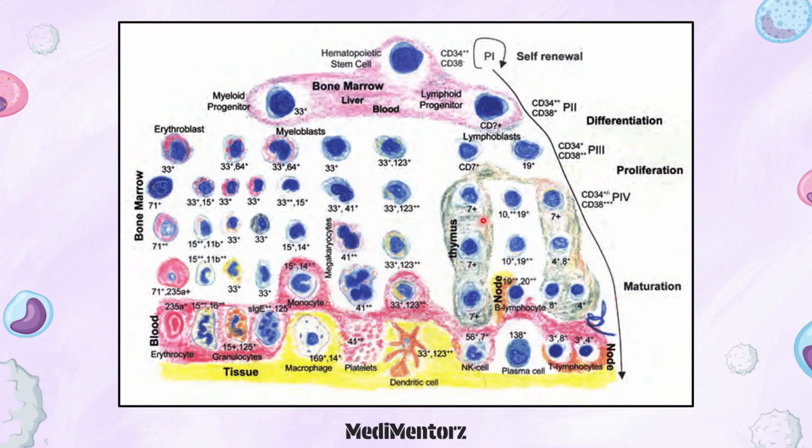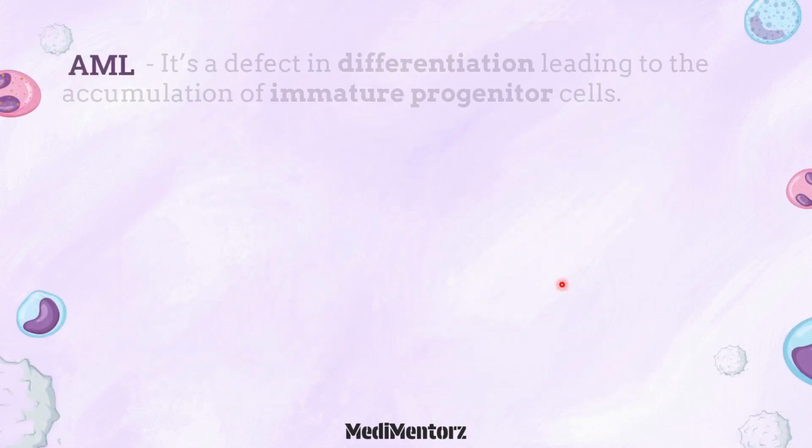So in this picture, you can appreciate that differentiation refers to the formation of erythroblast, myeloblast and lymphoblast from the hematopoietic stem cells, whereas maturation refers to the formation of mature blood cells such as red blood cells, white blood cells and platelets from the respective blast cells. So with this knowledge, let's move on further and see the definition of each of the disorders.